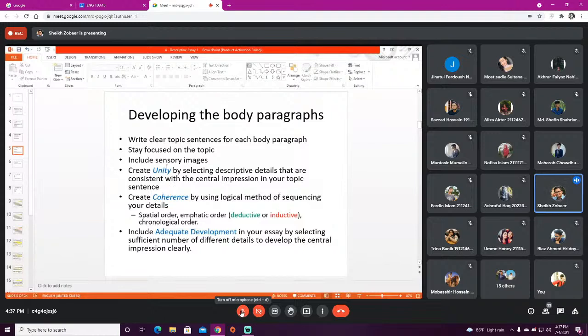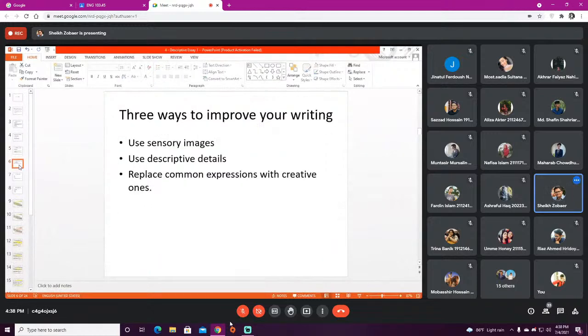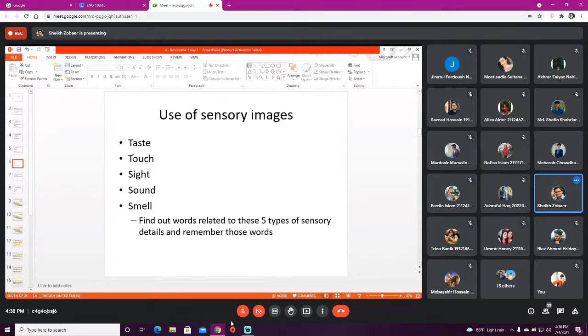The new idea would be this one, including sensory images. Am I correct? I think I'm correct. This might be new information which is relevant to descriptive essays or any description in general. So let's take a look. Let me talk about the images first.